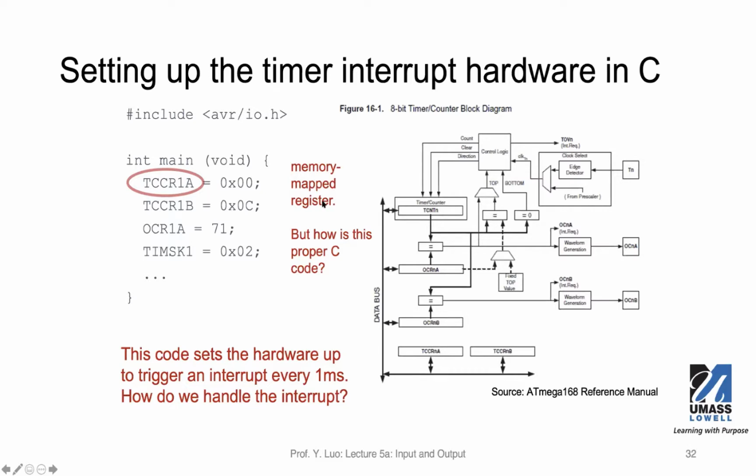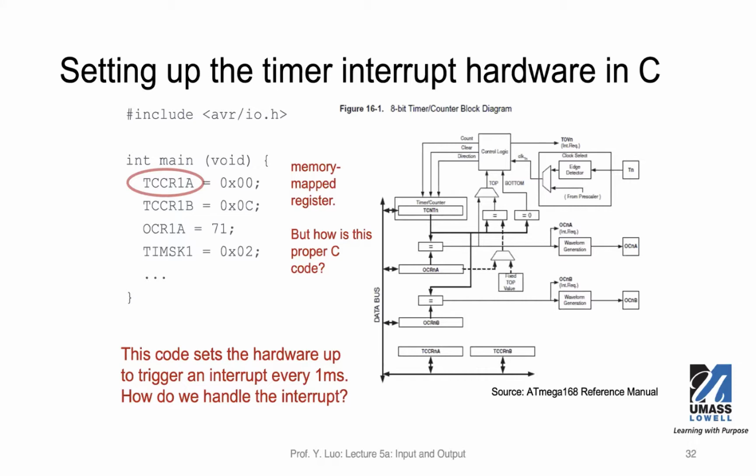But how, exactly where is this register? How are we able to access these registers? The question is valid because we didn't show the header file. We just show here, use the register name.